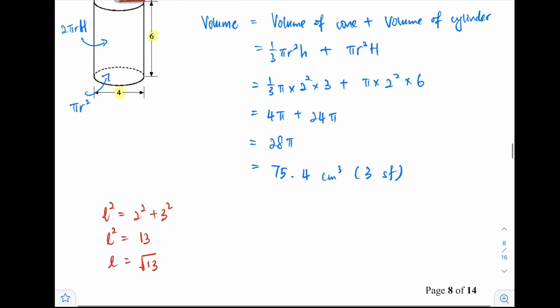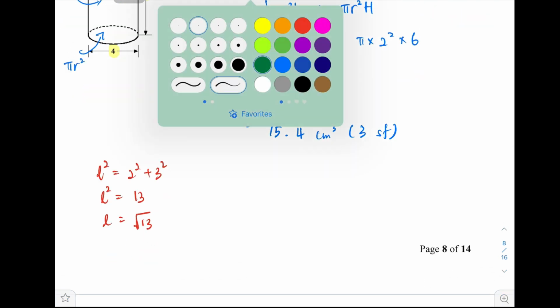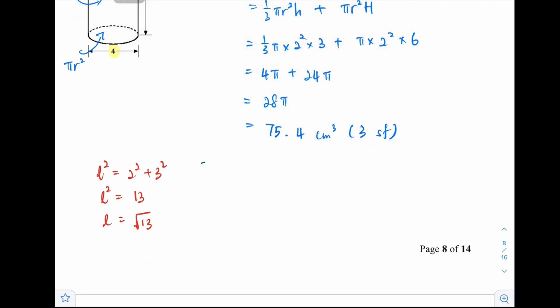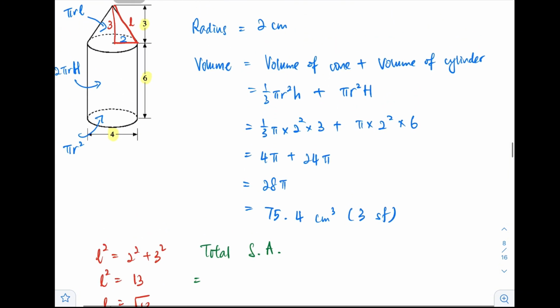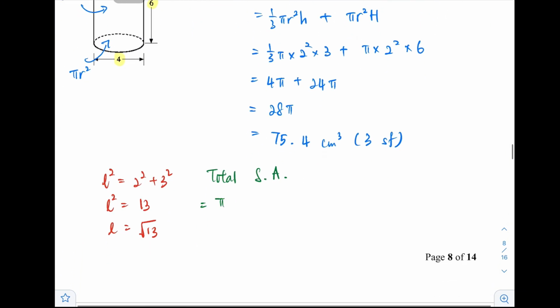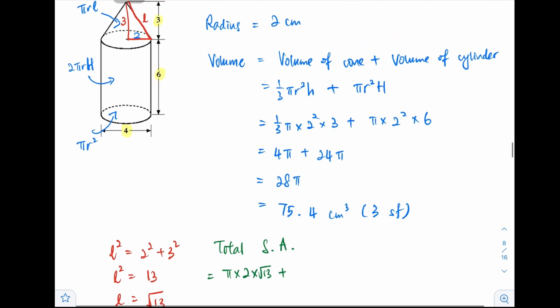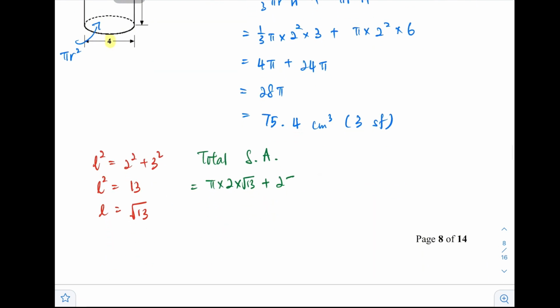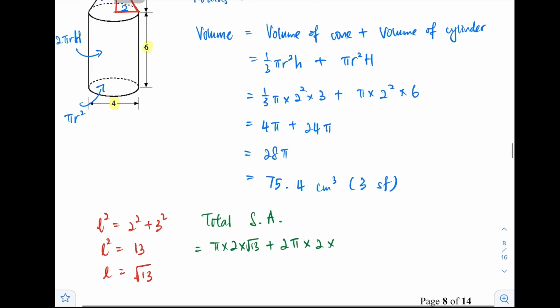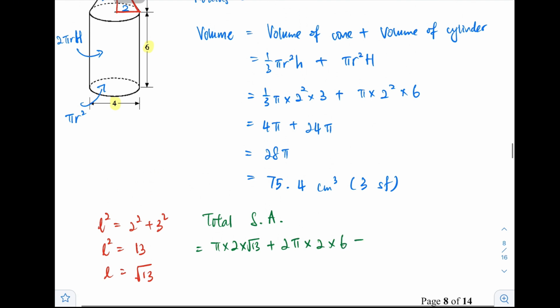Now let's use all the values that we already found to find the total surface area. The total surface area is the curved surface area of the cone, which is pi times radius times root 13, plus the curved surface area of the cylinder, 2 pi times r times the height of the cylinder, 6, plus the circular base at the bottom, pi times 2 squared.